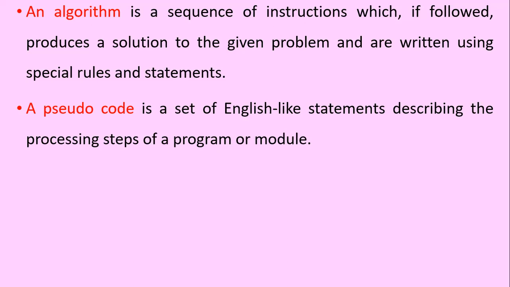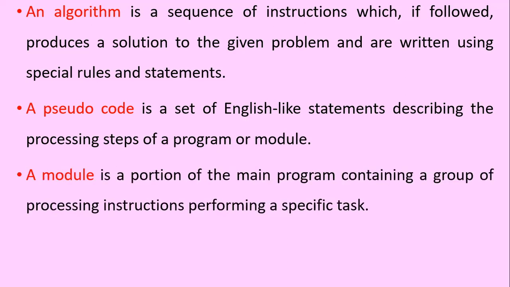In other words, when you write a sequence of English-like statements indicating the flow of how the problem will be solved, or indicating the algorithm to be followed, then such English-like statements are what we are calling a pseudocode. A module is a portion of the main program containing a group of processing instructions performing a specific task.